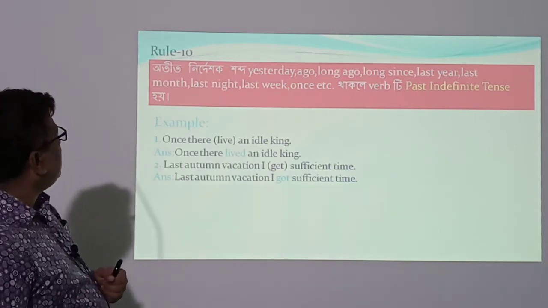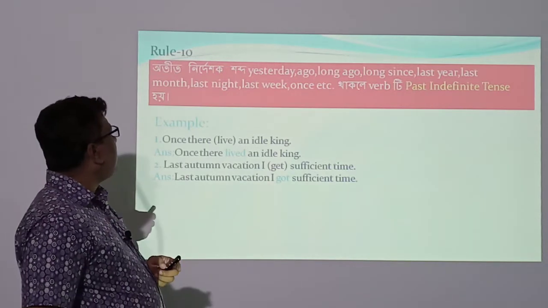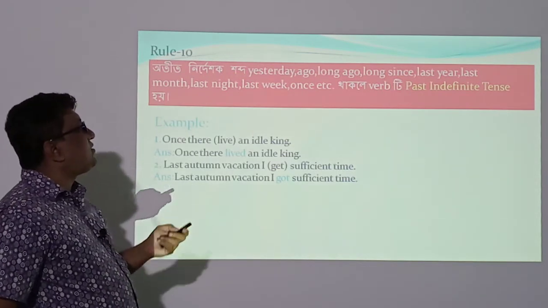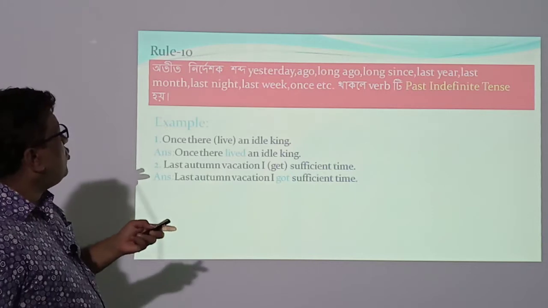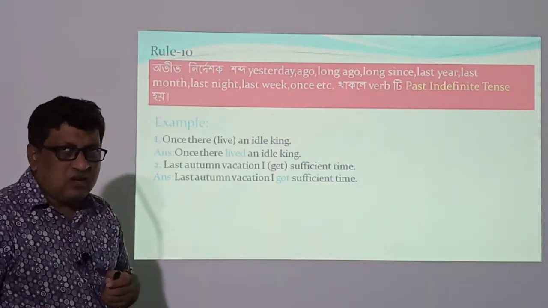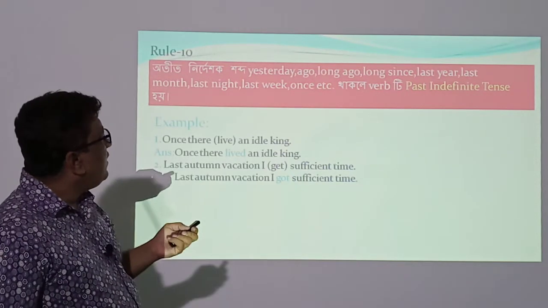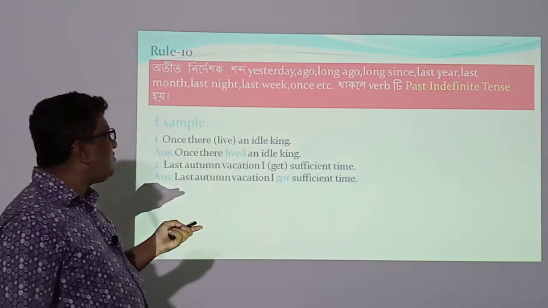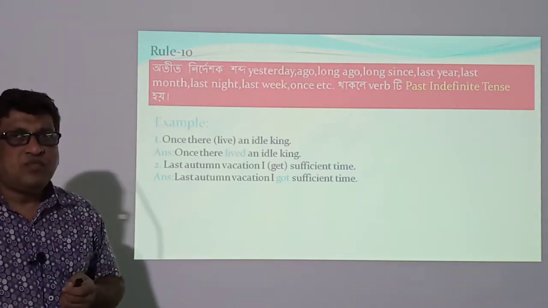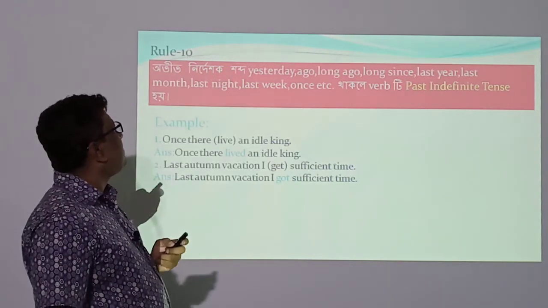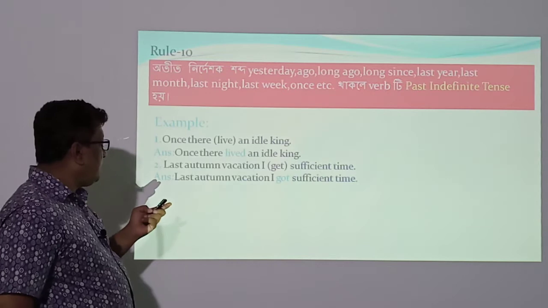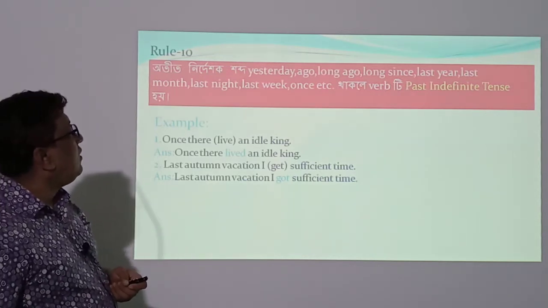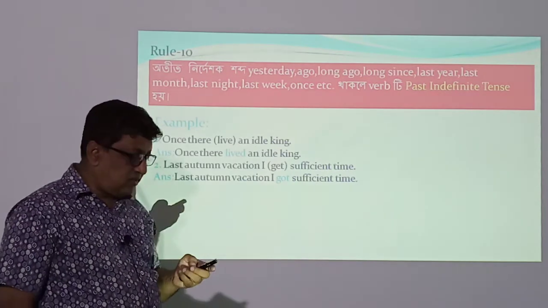Then number 2, last autumn vacation I get sufficient time. The word last indicates that we have to use the past indefinite form of the verb get. So the correct answer will be: last autumn vacation I got sufficient time.